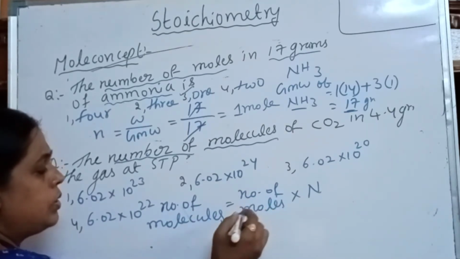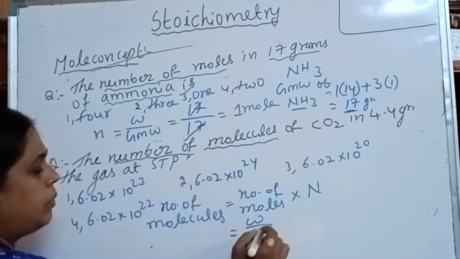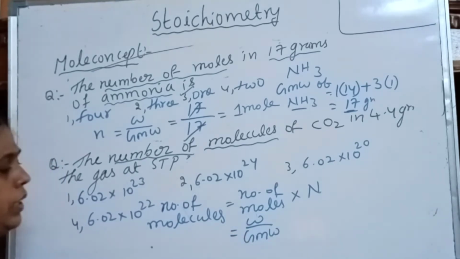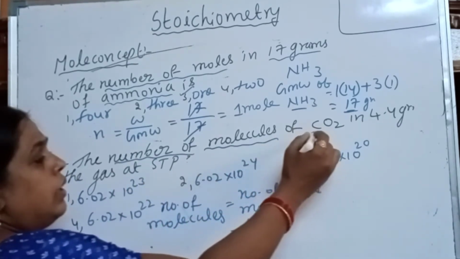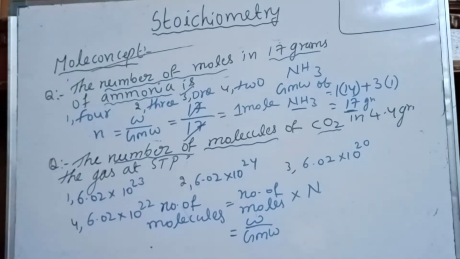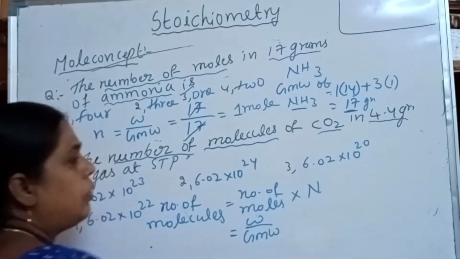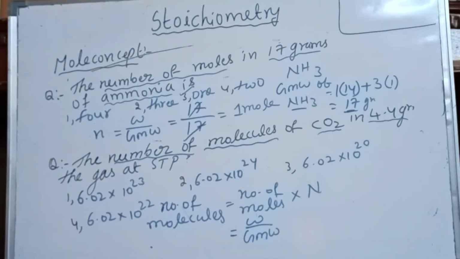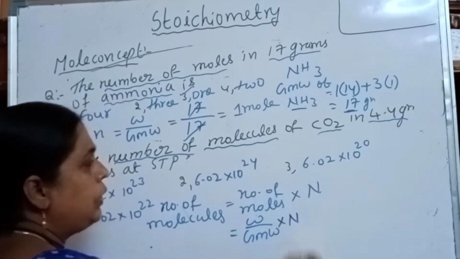Here, number of moles is simply the given weight by the gram molar mass or gram molecular weight of the substance. So see here, in the problem the given substance is carbon dioxide, isn't it? The weight of carbon dioxide given in the problem is 4.4 grams. So substitute in this formula to get the number of molecules.